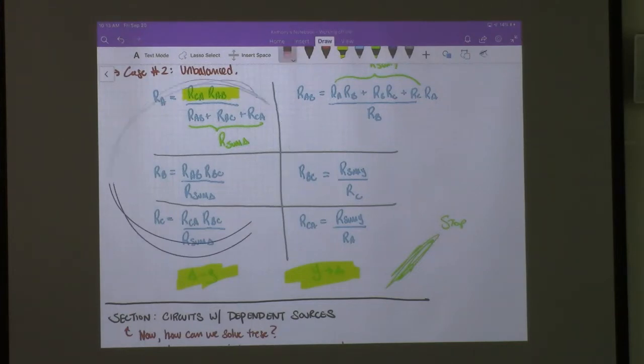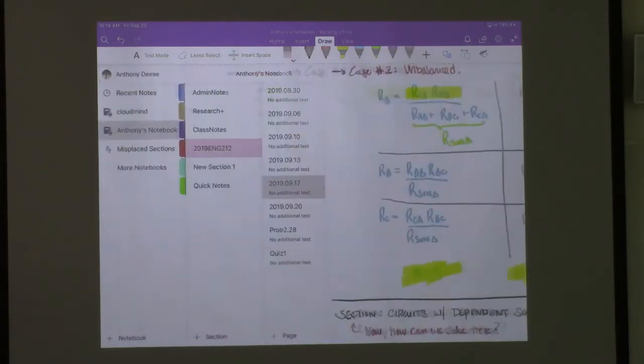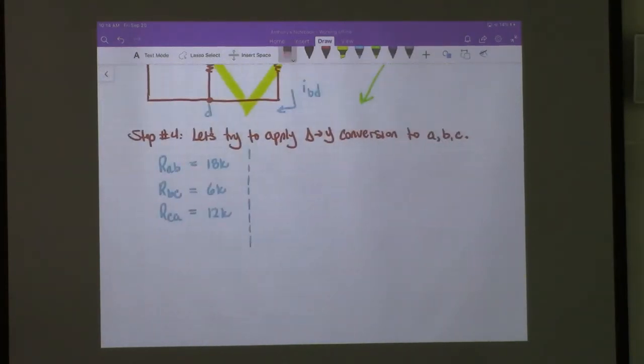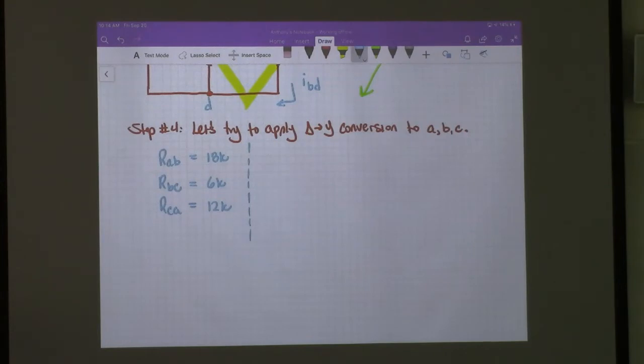Okay, so the first thing, let's find out what our R sum delta is, because all of them will have the same denominator, right? RAB plus RBC plus RCA. And so it's 18 plus 18, so 36.